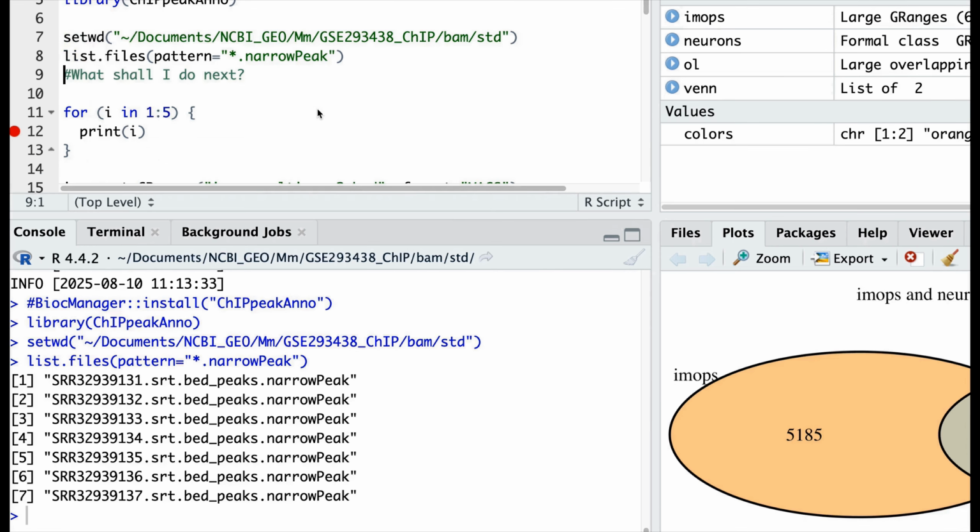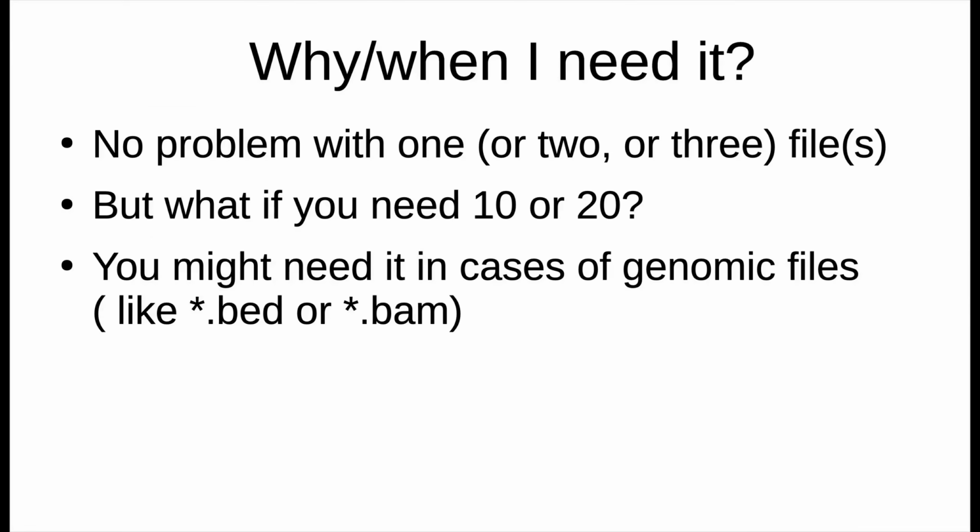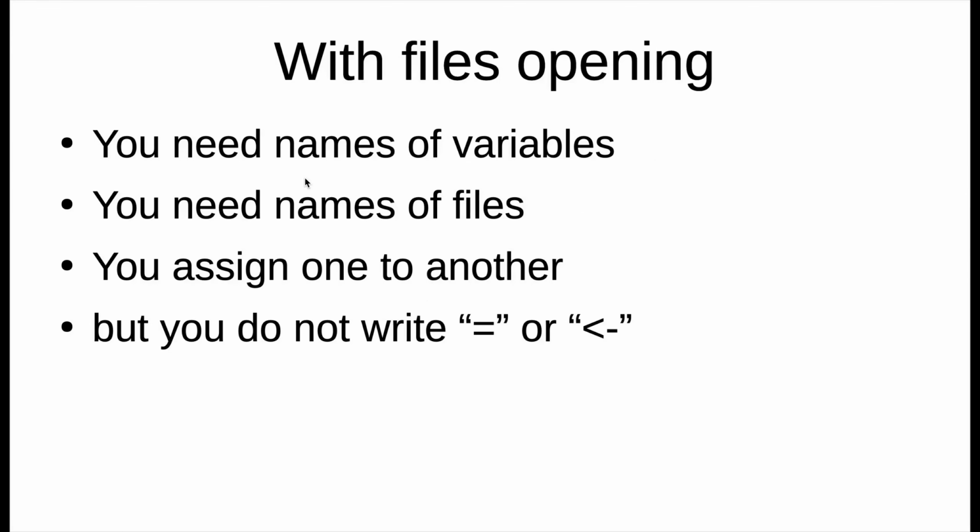You might keep trying to load all files one by one, but I would advise you to do it in a loop. What you need for the loop is to know names of variables, you need names of files, you assign one list of names to another, but you do not write equals or this left arrow for assignment, you do it differently.